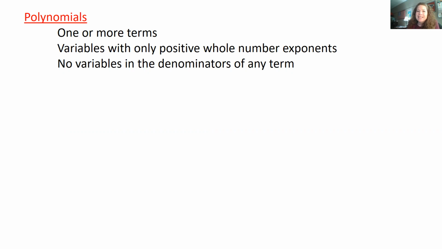So what is a polynomial? Well, a polynomial is made up of one or more terms. The variables within a polynomial can only have positive whole number exponents, okay? A lot of them do have exponents, but if you have a negative exponent or a fraction exponent, it's not considered a polynomial.